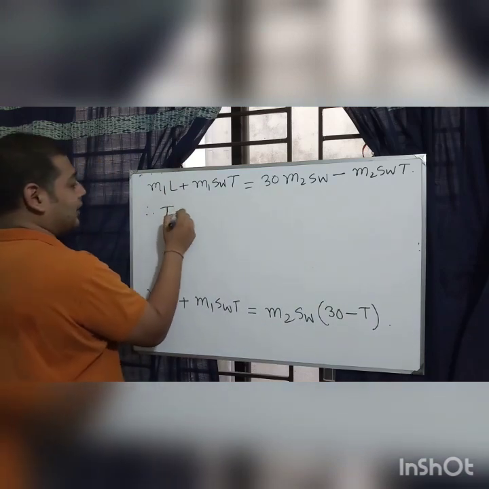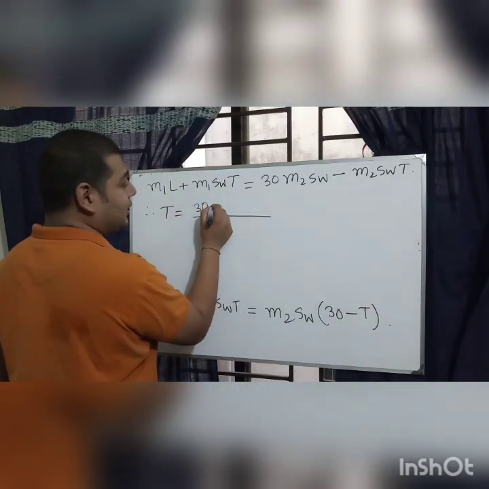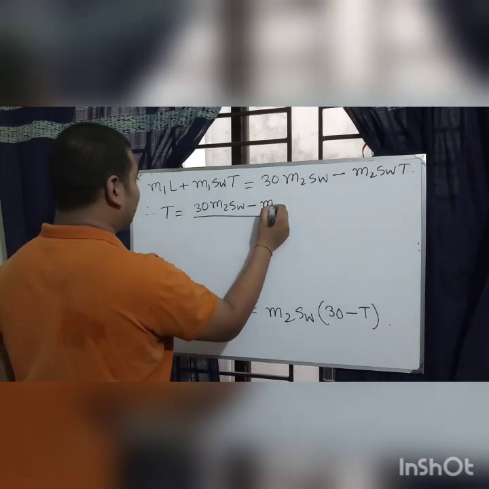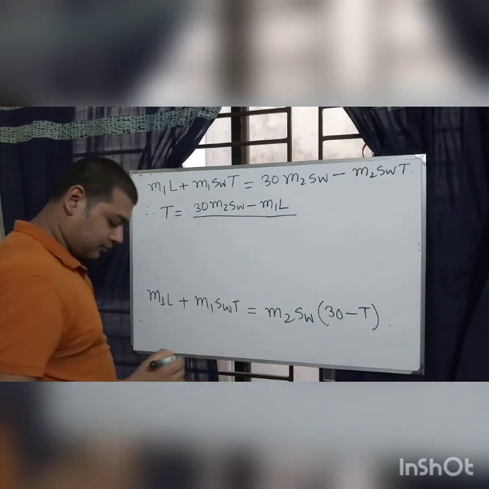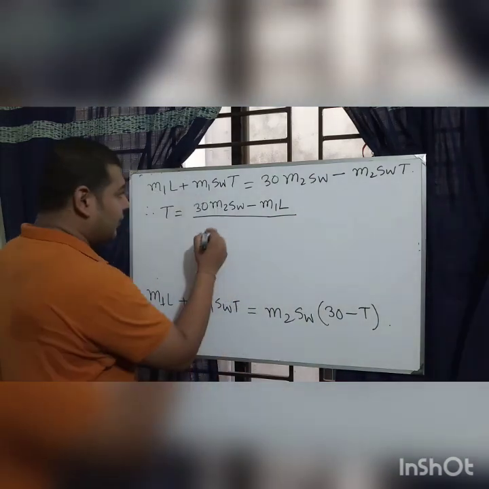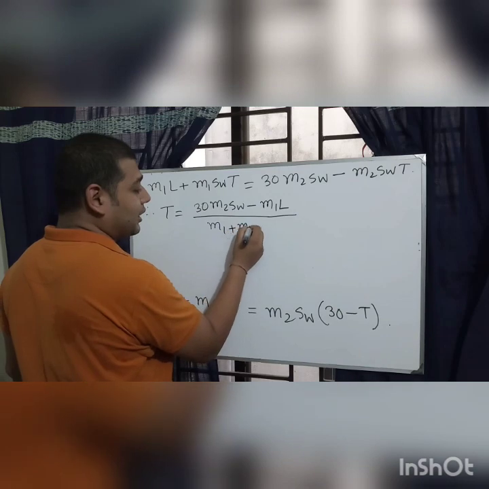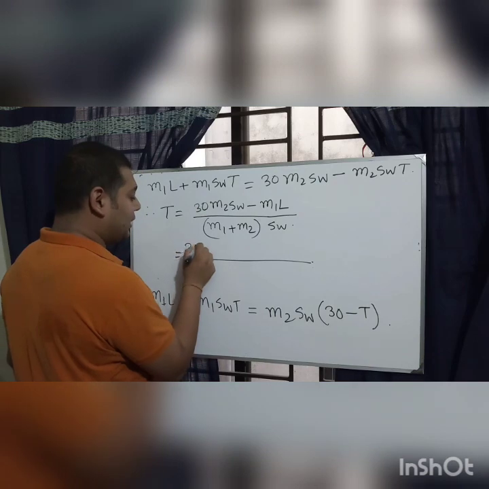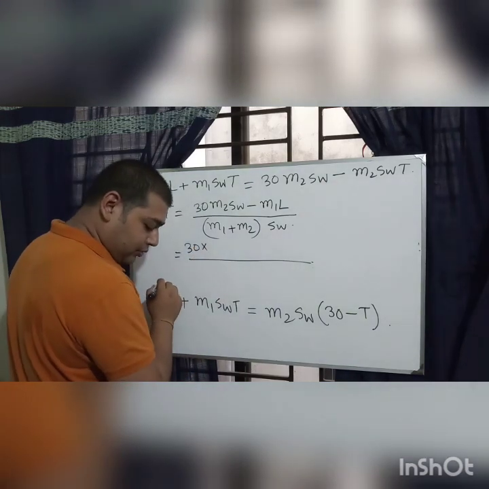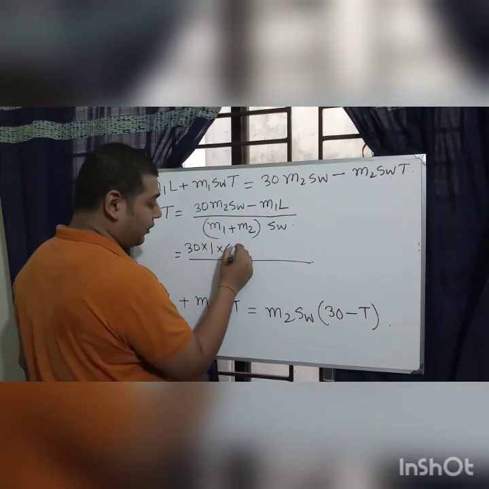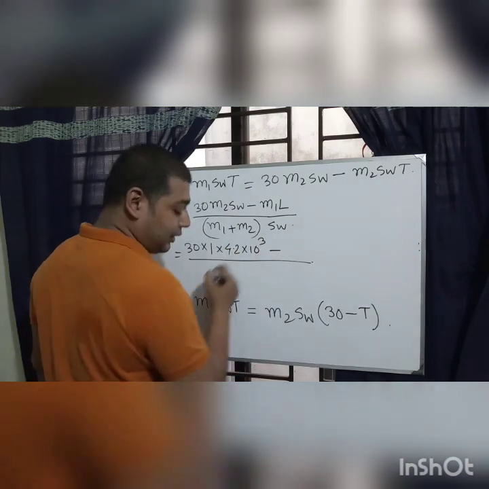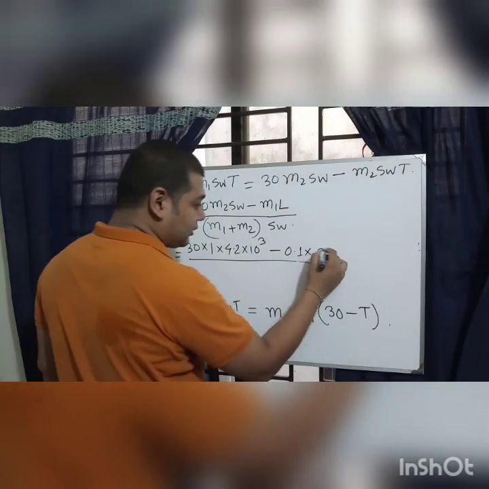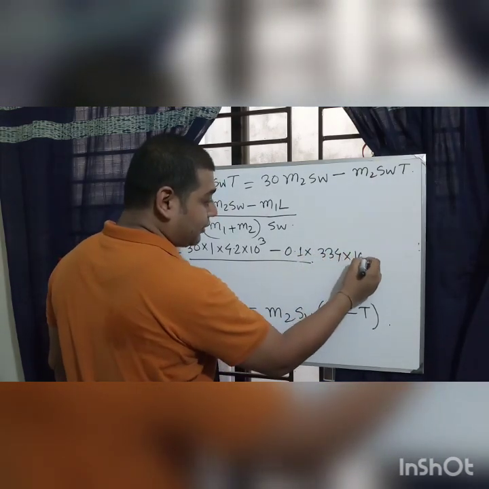So therefore we can write T equal to (30 m2 SW minus m1L) divided by (m1 plus m2) into SW. So we can write 30 into m2, 4.2 into 10 to the power 3, minus 0.1 into 334 into 10 to the power 3.